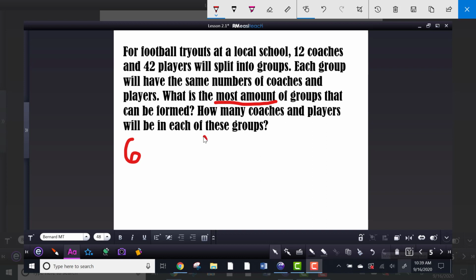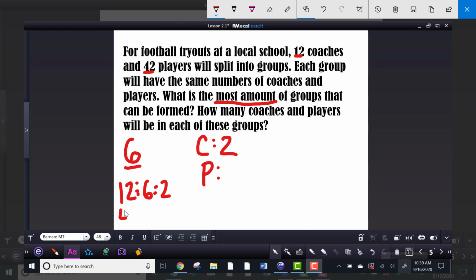Now what we do is take our greatest common factor number, and we have 6 groups. There's a total of 12 coaches, so we just take 12 divided by 6, which is 2 coaches per group. And we take the total amount of players and divide it by the amount of groups that we have.